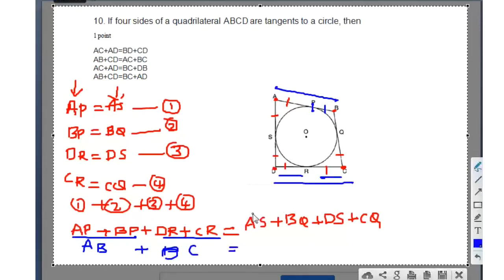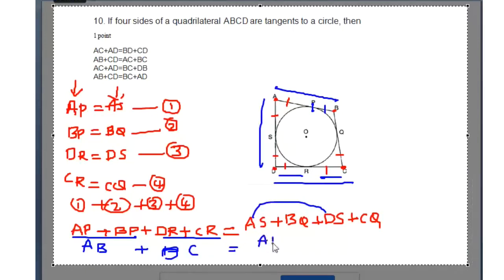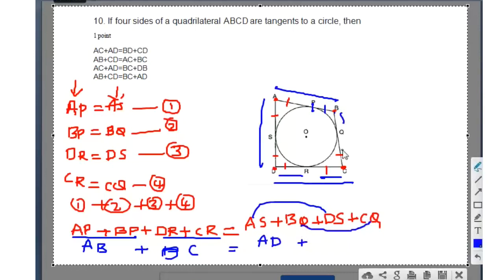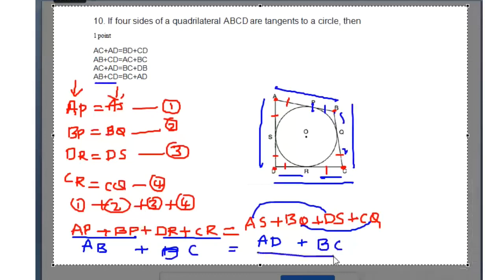Coming to AS and DS, if you see the picture, AS plus DS is AD, and BQ plus CQ is BC. Therefore, according to the picture, AB plus CD is equal to AD plus BC, or BC plus AD. So the fourth option is the correct answer for this question.